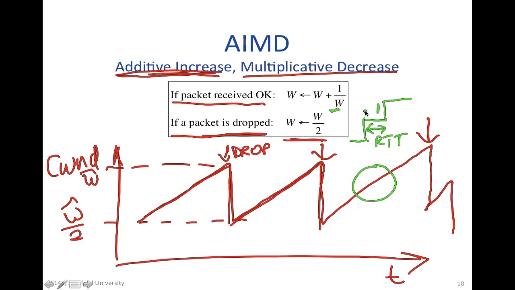Because every time we've acknowledged a complete window's worth of data, it's going to increase the window size by 1. So it's going to go forward in these steps of RTT along the horizontal part of the stair, and then it's going to go up by 1, and then RTT, and so on.